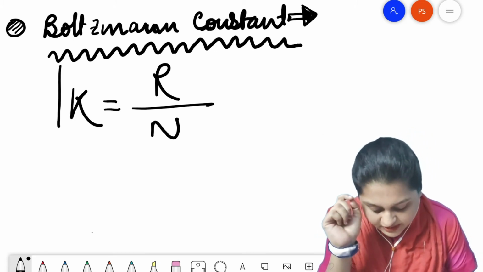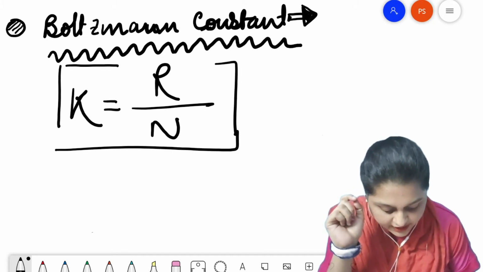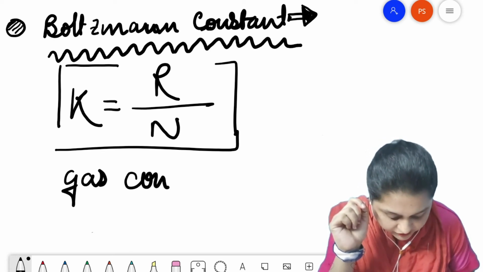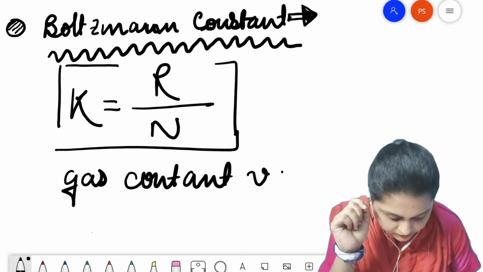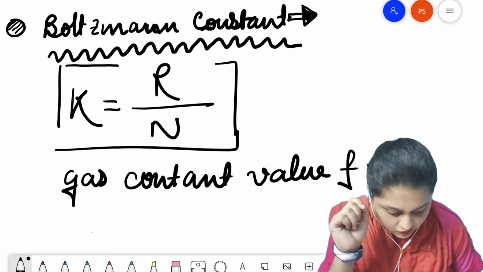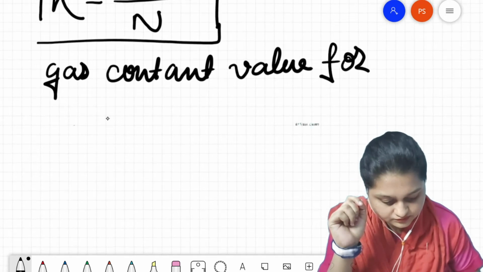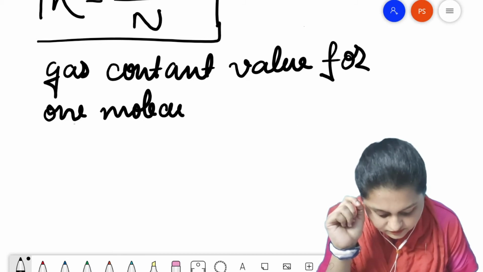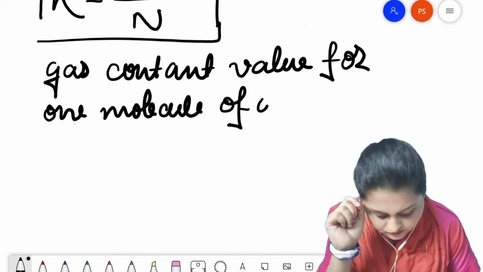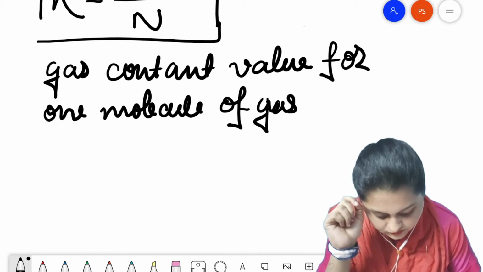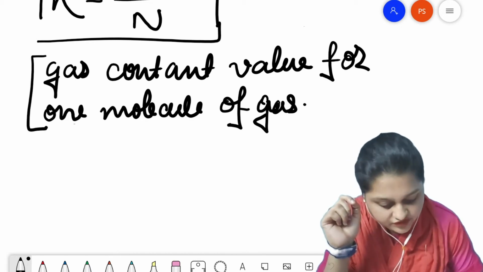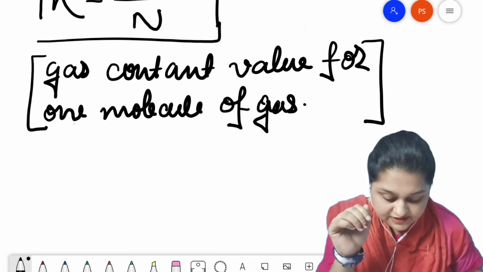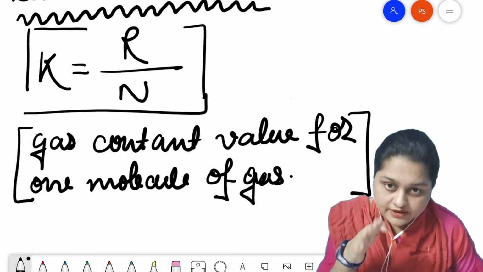So the Boltzmann constant k, by definition, is the gas constant value for one molecule of gas.